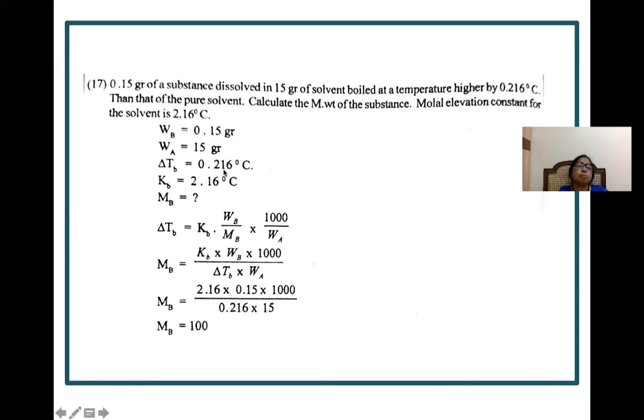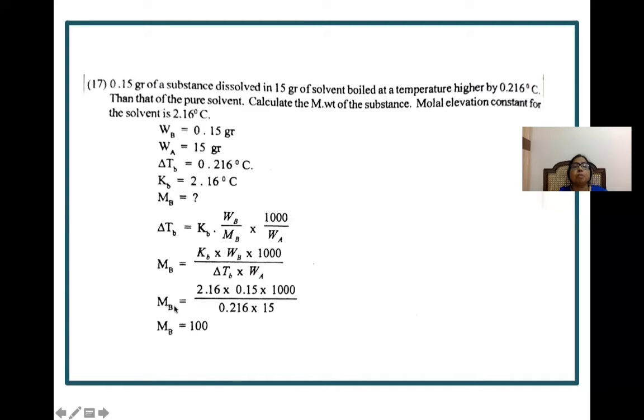So, delta TB is equal to KB into WB by MB into 1000 by WA. Taking MB to this side, MB is equal to KB into WB into 1000 by delta TB into WA.